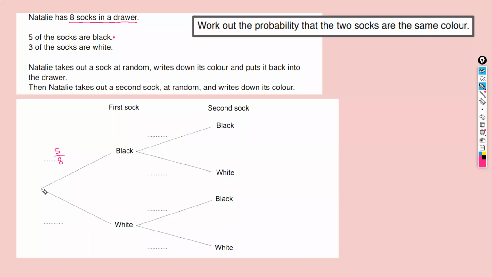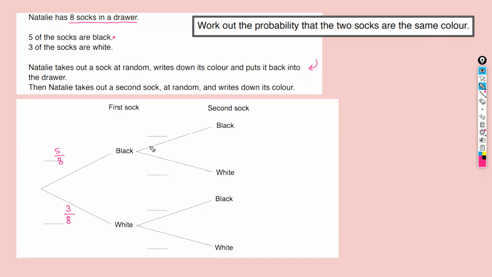Now, remember, she could either pick a black one or pick a white one. So what's the probability of picking a white one? Well, obviously it would be 3/8. Now you have to read the question properly. Apparently when she picks a sock, she puts it back into the drawer before she picks again. I don't know what game she's playing there.